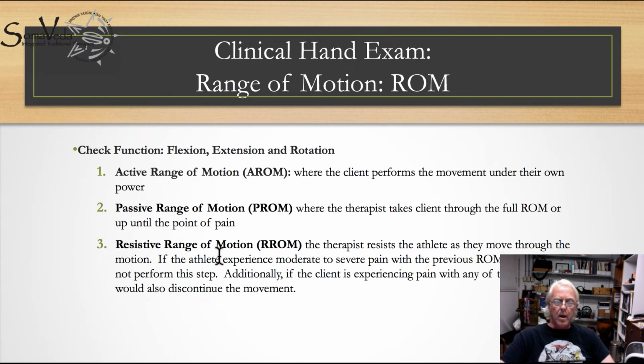Okay? We also want to look now at range of motion. All right, so we have basically 3 kinds of range of motion. We've got active range of motion, which is where the client performs the motion under their own power. Nice and easy.